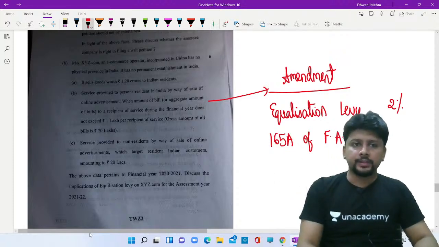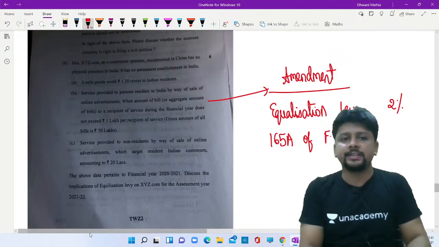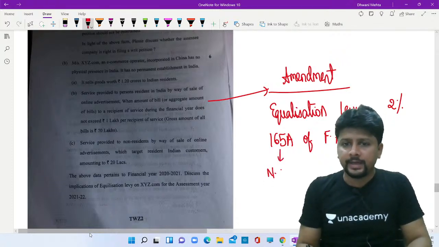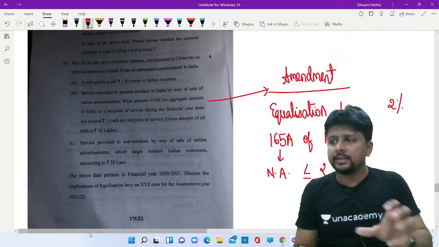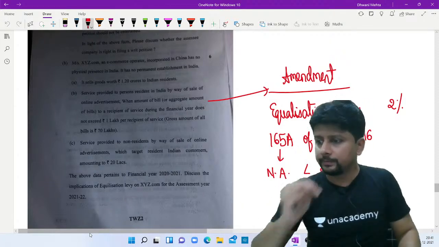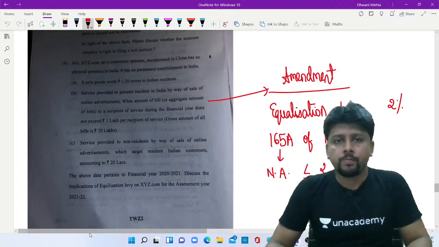Now, for this sum, the intelligent thing created by the examiner was that this entire 165A as a section is not applicable if your transaction done during the year for all these is up to 2 crore rupees.